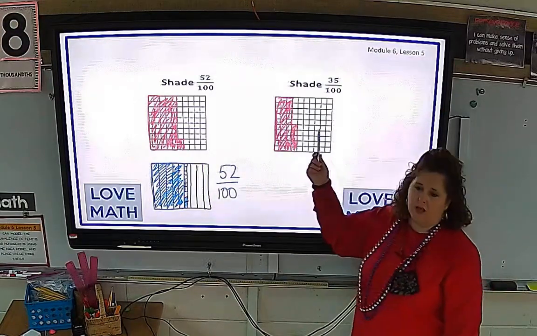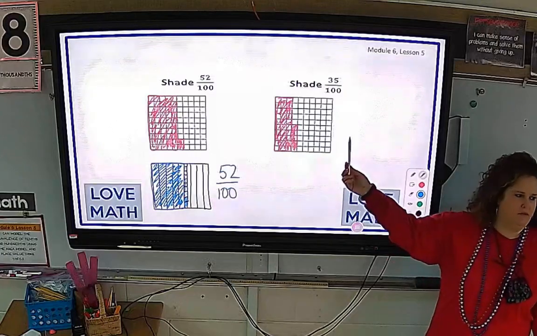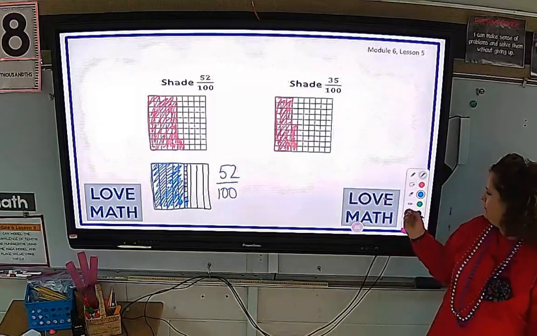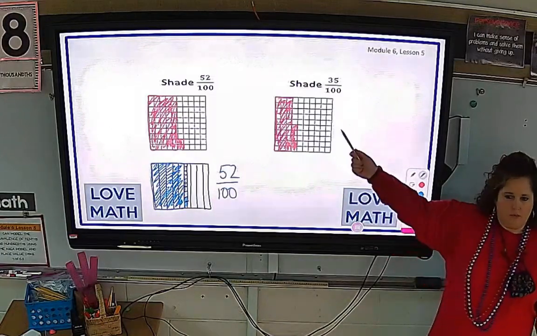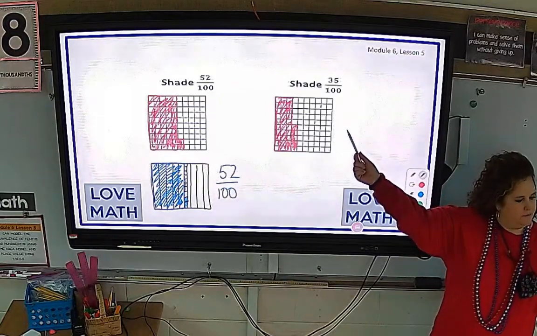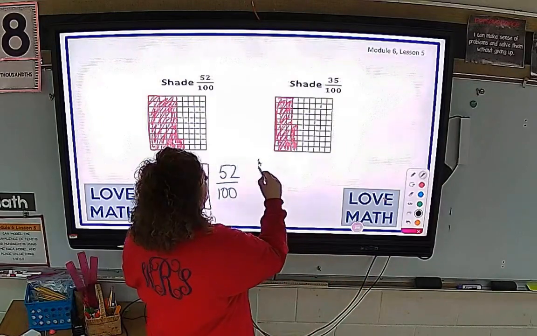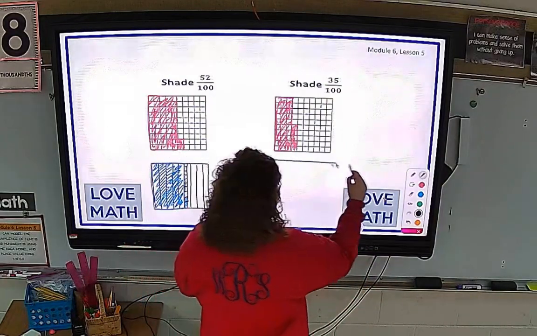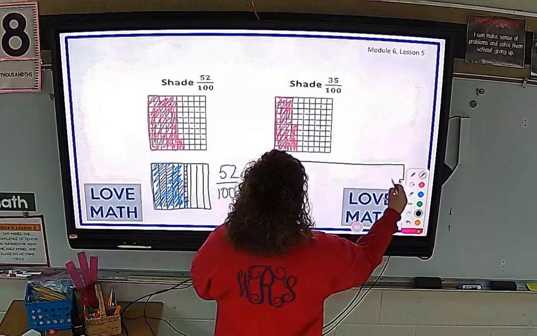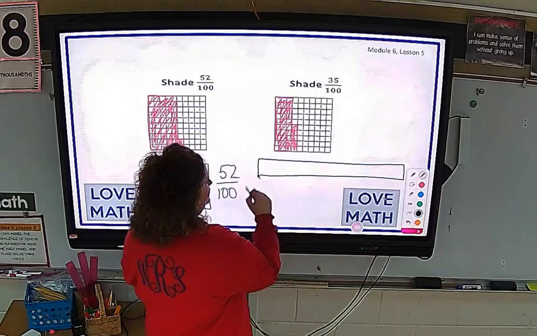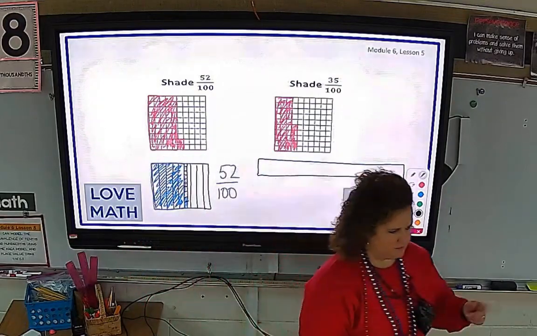Okay, with this one, we're not doing the same thing, so don't draw the same thing for this guy. This one, we're going to try the tape diagram. Okay? So on your whiteboard in that other open space, we're going to draw a tape diagram. How many pieces do you think we're going to cut that into? 10.